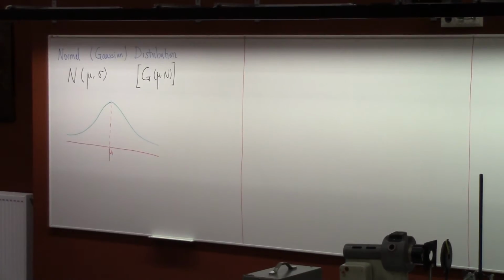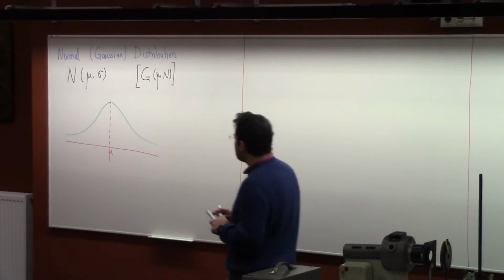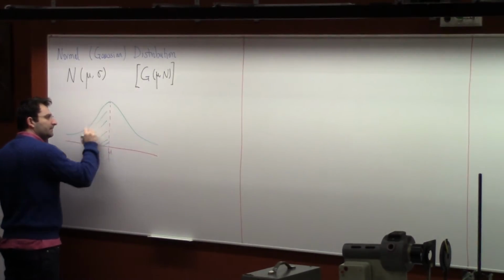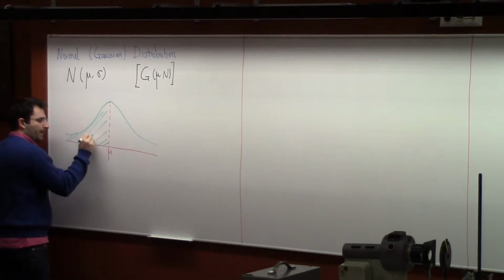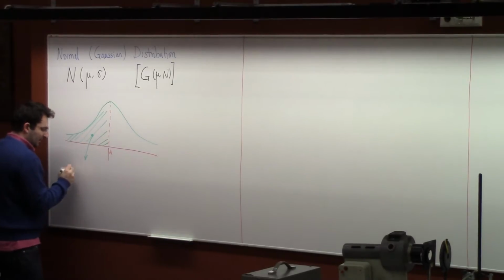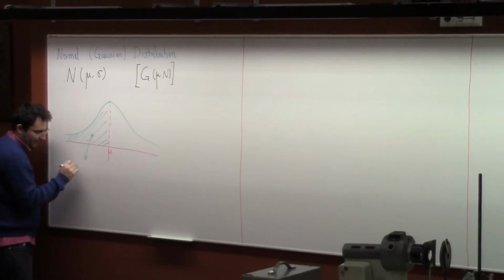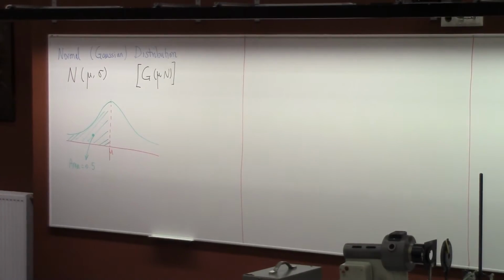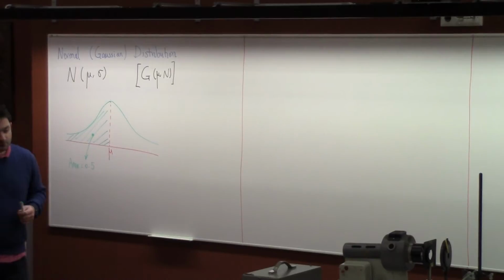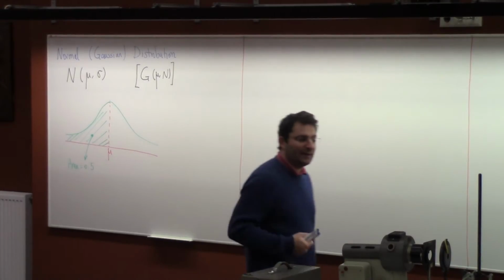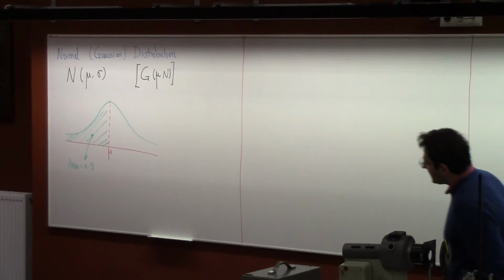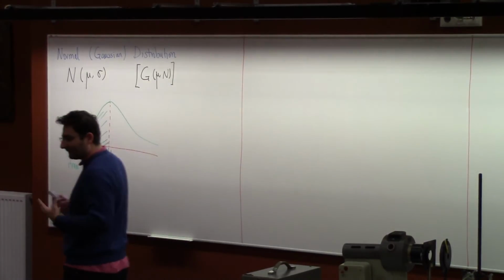Now, because it is symmetric, can you tell me what this area is? Yes, exactly. The area here is 0.5. But can you tell me the interpretation of the probability of this area being 0.5?